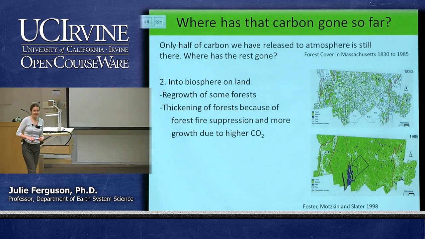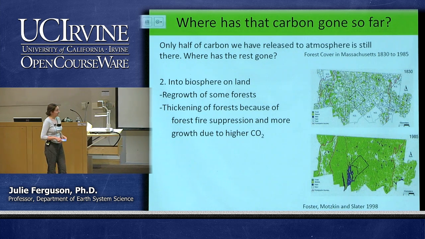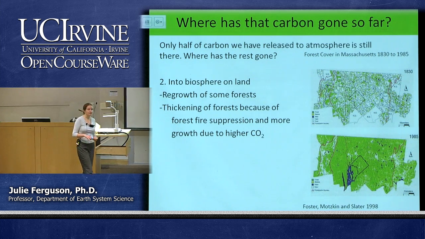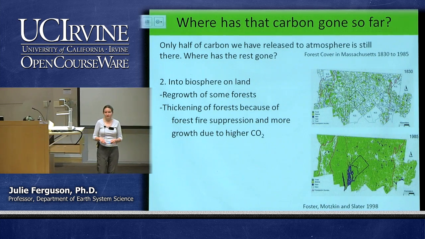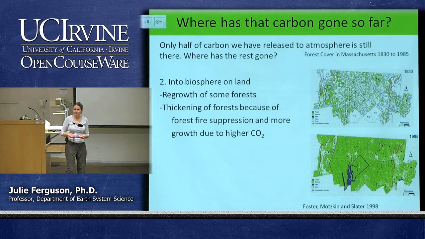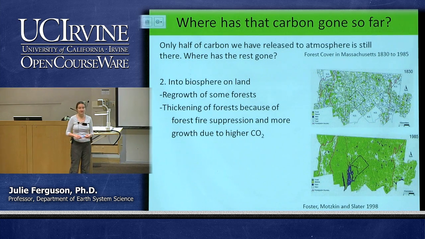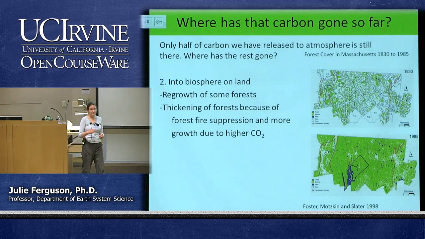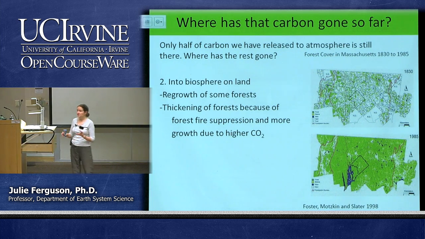That seems a strange idea to us, because we're constantly told how we're deforesting. But actually, we've seen quite a lot of regrowth in some forests, especially over on the East Coast now. You can find all of these weird little hidden away lost villages over on the East Coast. And we also are seeing thickening of forests, because especially in California, until pretty recently, the policy has been to suppress fires.